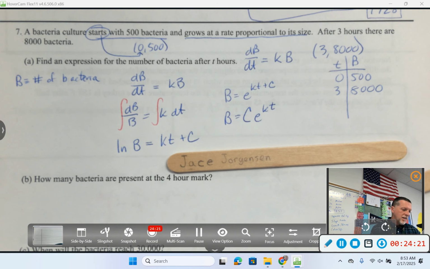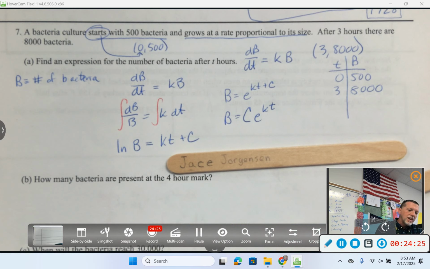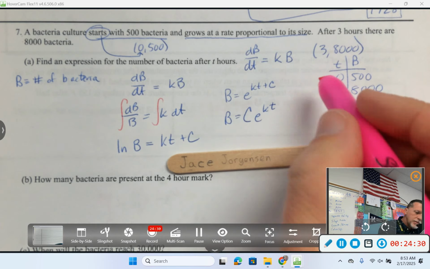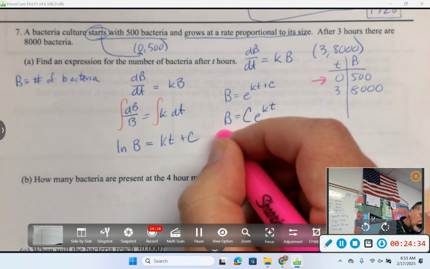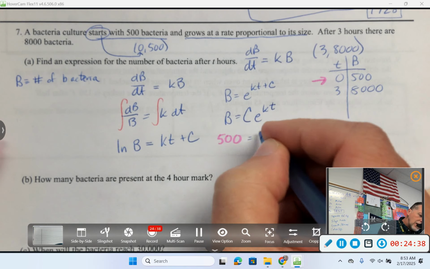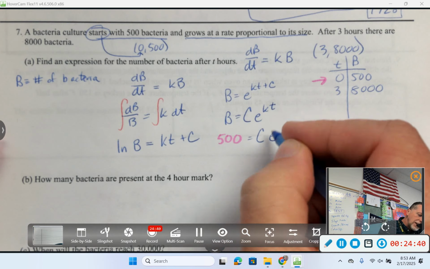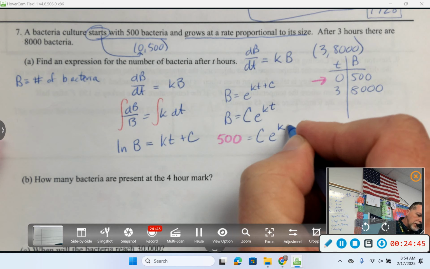What do you want to plug in for B? 500 and 0. Yeah, let's do that one first, because the 0 in there will make life a little bit easier. So 500 equals C, we don't know, e, that's just the number in the calculator, K, we don't know, and T is 0.